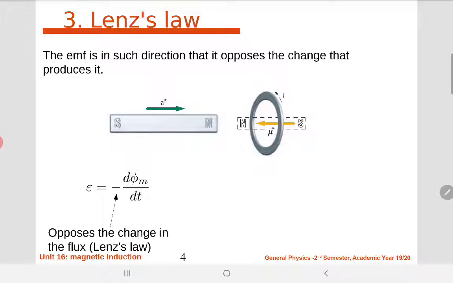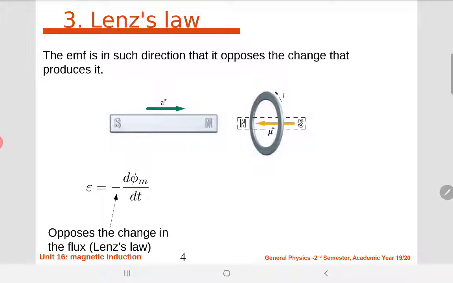So in the ring, a current will be induced that is going to oppose this increase of magnetic flux. This is done by inducing a current such that the magnetic field generated by this current opposes the change of magnetic flux.